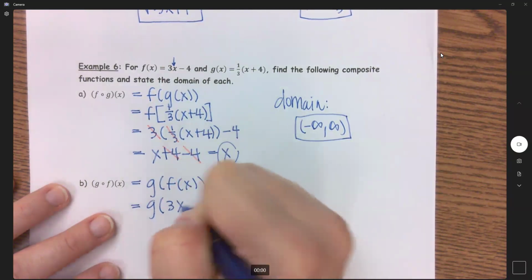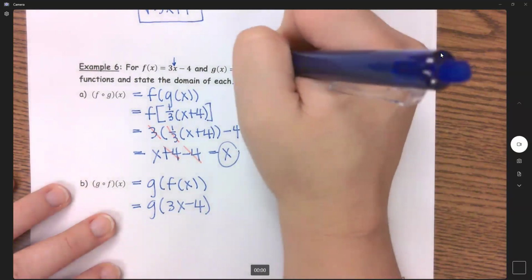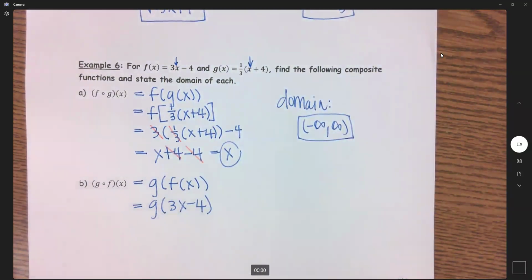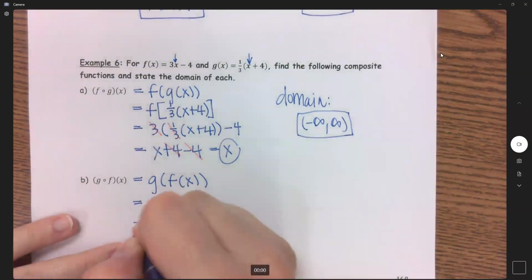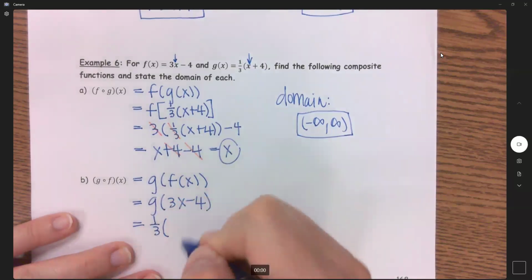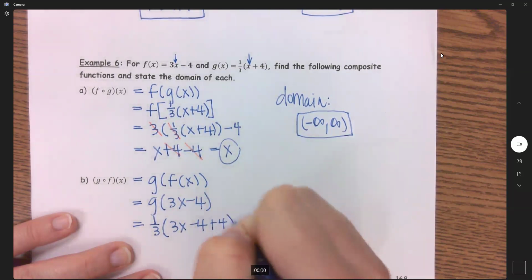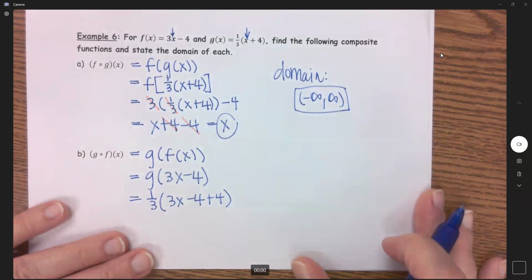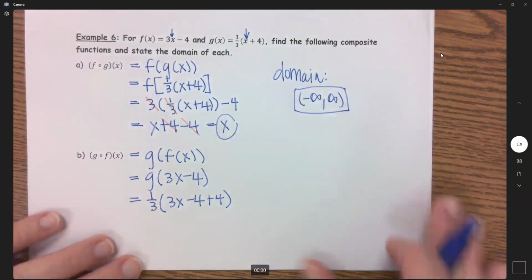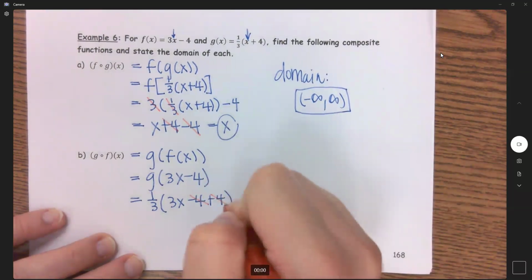And now go into your g of x and replace this x with what we have in parentheses. So I have 1/3 times 3x minus 4 plus 4. Now, order of operations, say parentheses first. So I'm going to cancel those out.